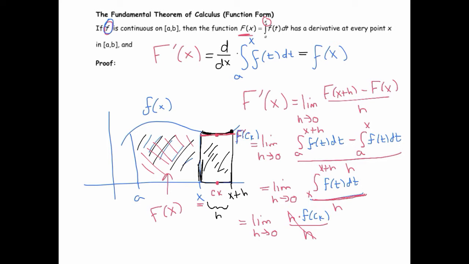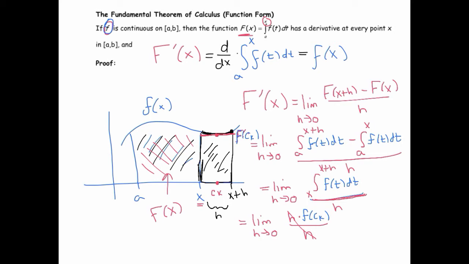F of c sub k, as h goes to 0, you're squeezing those rectangles that I'm creating. It's a dynamic situation because as h goes to 0, that c sub k is going to change depending on where you are, but it's constantly creating rectangles whose area equals the actual value of the integral.